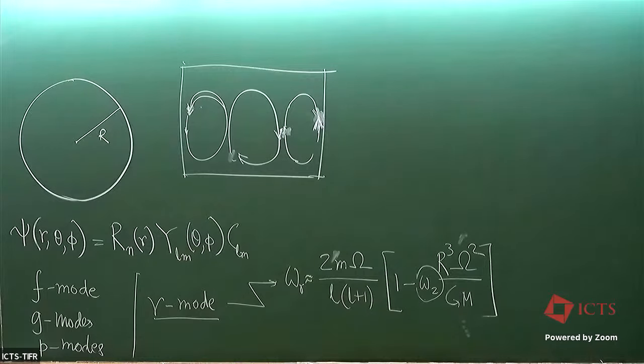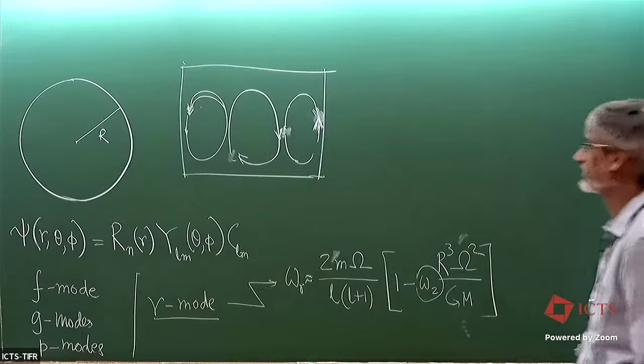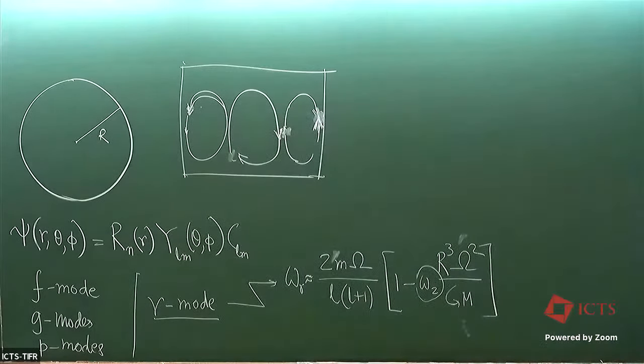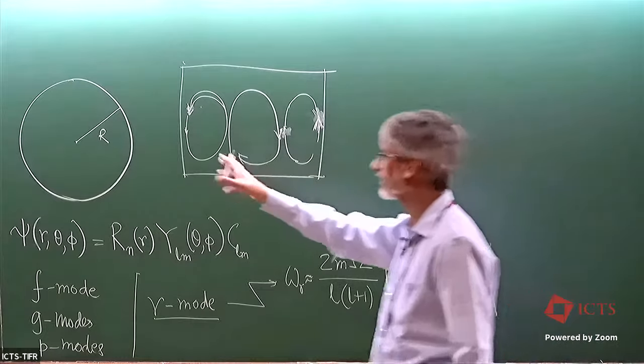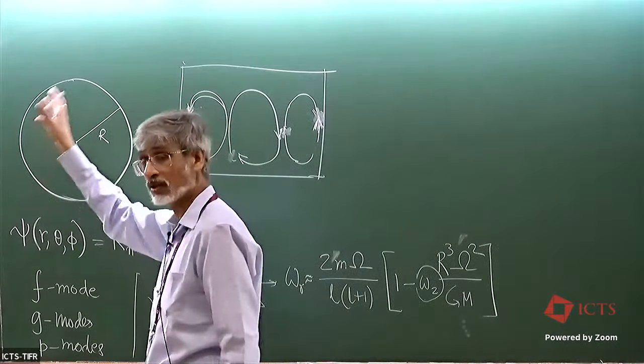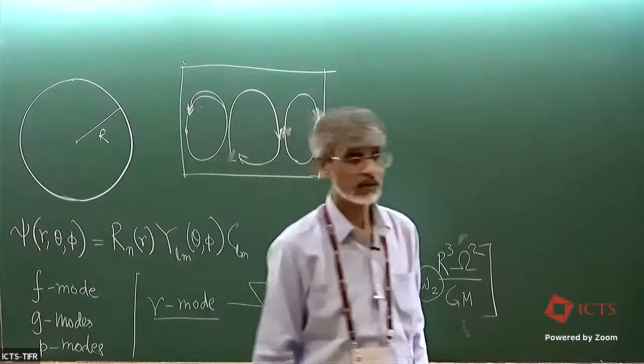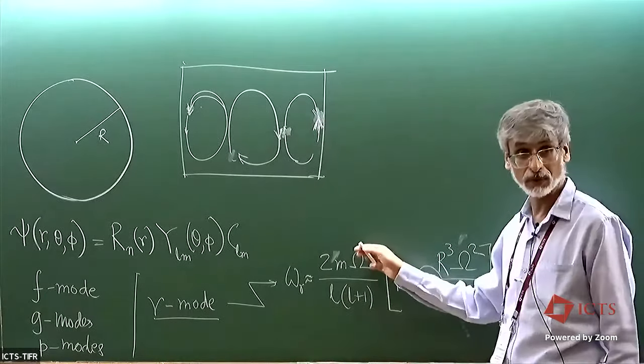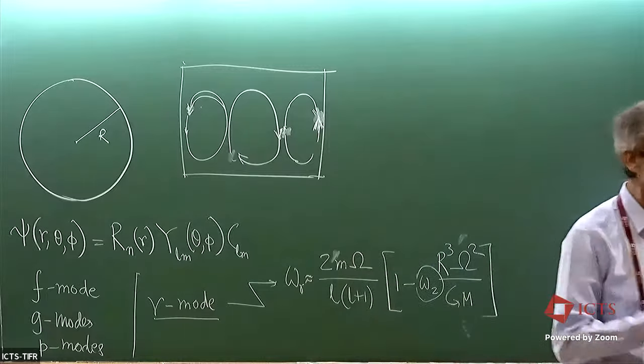This is at the surface of the crust. So now, this pattern is actually moving on the star. Note that this mode will not be there unless there is an omega, so it's only relevant for rotating stars.